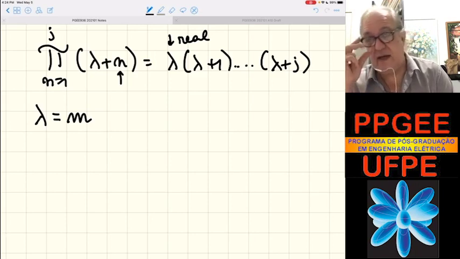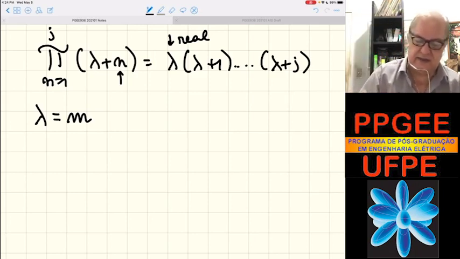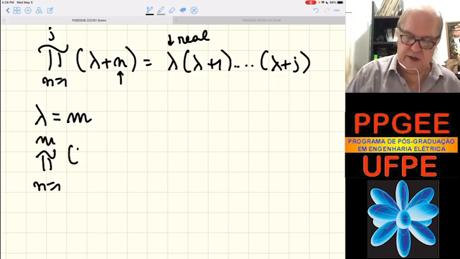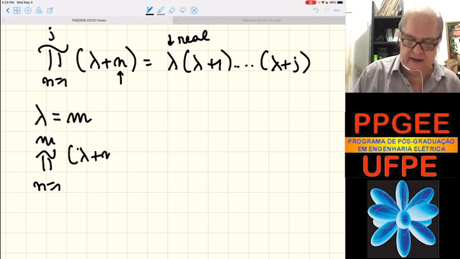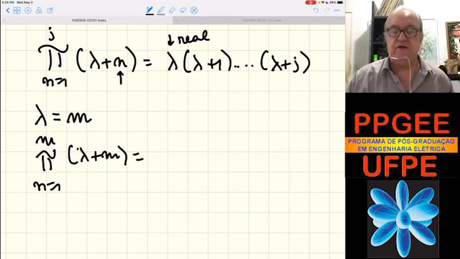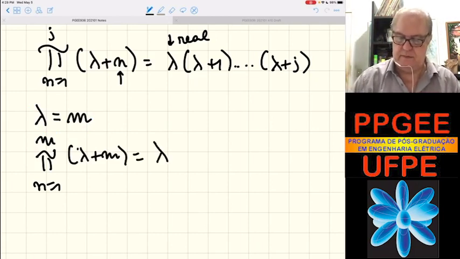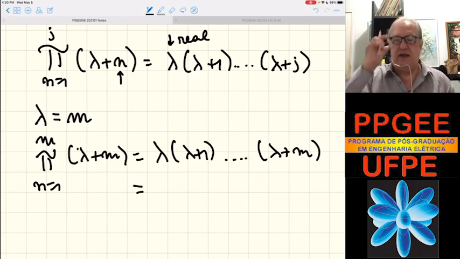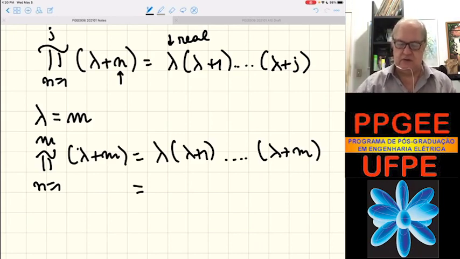So in many situations, lambda is going to be an integer. So in this case, for integer lambda, we have the productory like this, lambda plus m. Then we can use the factorial function, right? And for this one, we can use a ratio between two factorials.